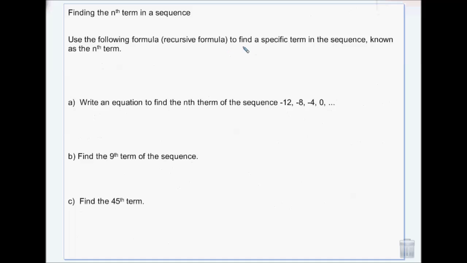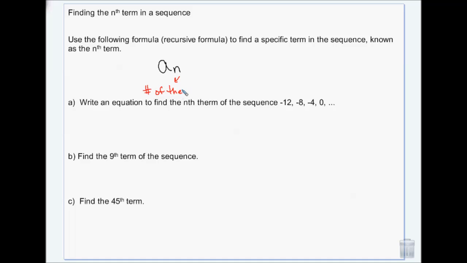There's a formula to find a certain term in the sequence. So if you want to find the 25th term, you can use this formula. If you want to find the 900th term in the sequence, you can use this formula. Okay, and a sub n, the little subscript n just means the number of the term you want.